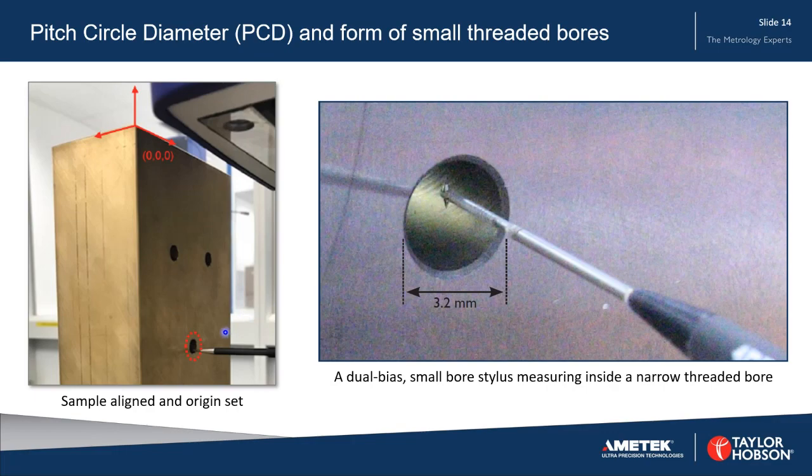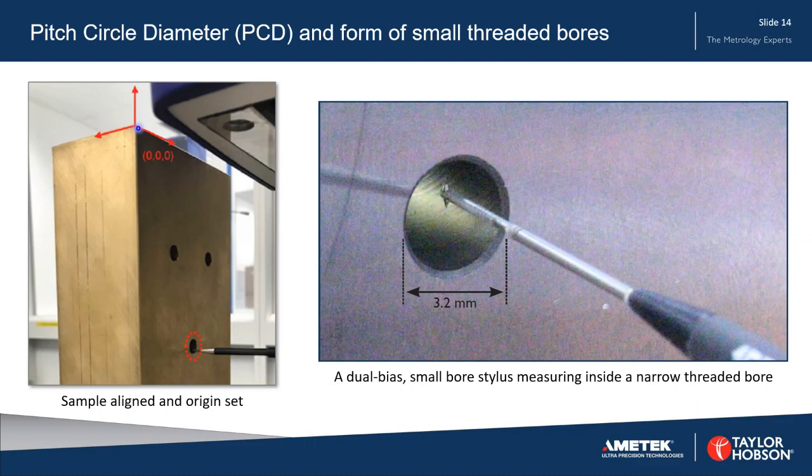But because the hole is so small, we have to make sure that we are measuring truly along the axis of the part. And in this case, we've used the system's capability to define these edges on this mold. This is a mold. And so we've been able to align this edge up square to the measurement direction.